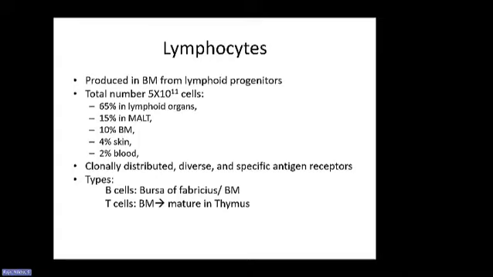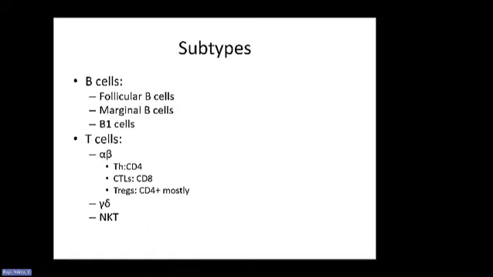These are clonally distributed, they have diverse and specific antigen receptors, and as we know, they are either B cells or T cells, and we'll talk about the innate lymphoid cells as well. Talking about B and T cells, the B cells that we typically talk about are called follicular B cells.